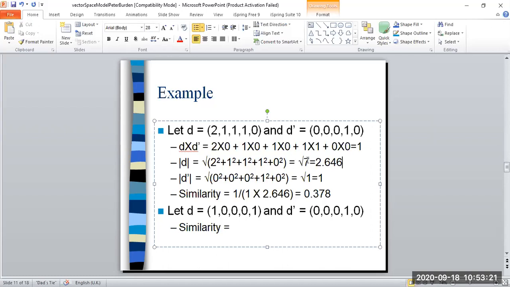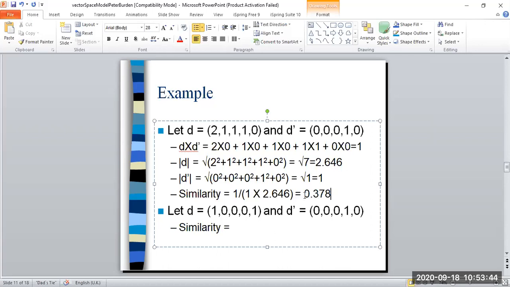So you will get the square root of 7, which is 2.646. Do the same thing with the query 00010 and you will get the value 1. So we have the numerator and denominator values, and we have to measure the similarity value: 1 divided by 1 into 2.646. The output will be 0.378.